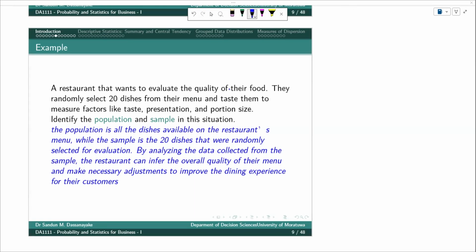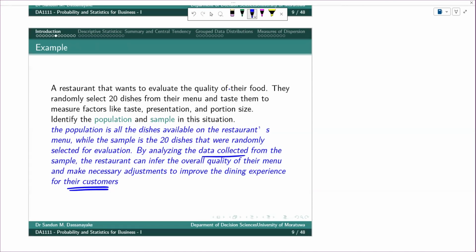By analyzing the data collected from the sample, the restaurant can infer the overall quality of their menu and make necessary adjustments to improve the dining experience for their customers. That's the beauty of using a sample to infer about the population.